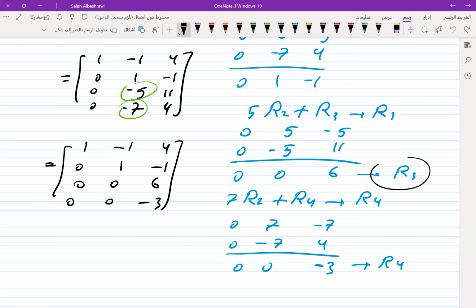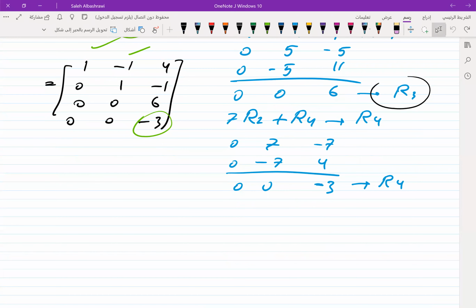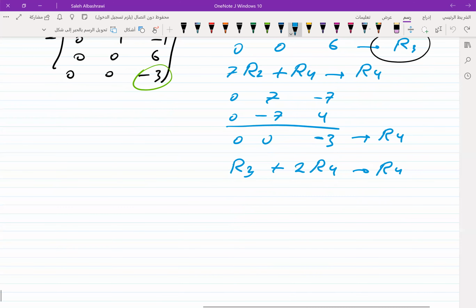So we are done with the first column and second column. Let's go for the third one. This one, can you make it equal to 0? For sure. That will be R3 plus 2R4, which will be the new R4. 0, 0, 6 plus 0, 0, minus 6, I will have 0, 0, 0.